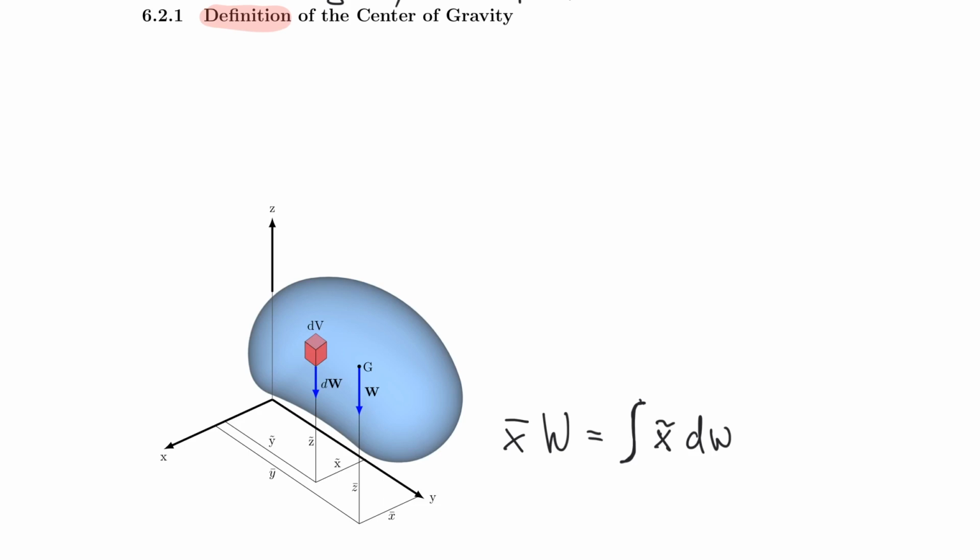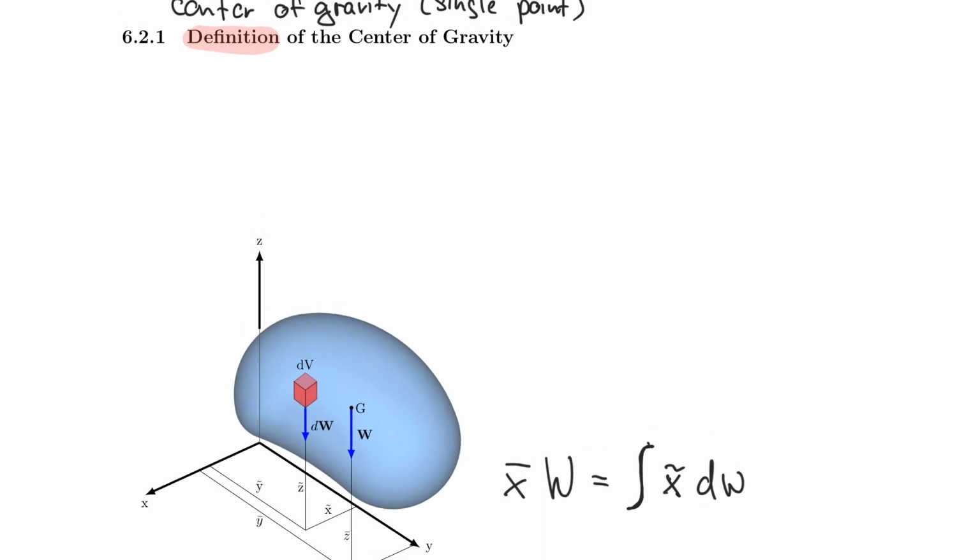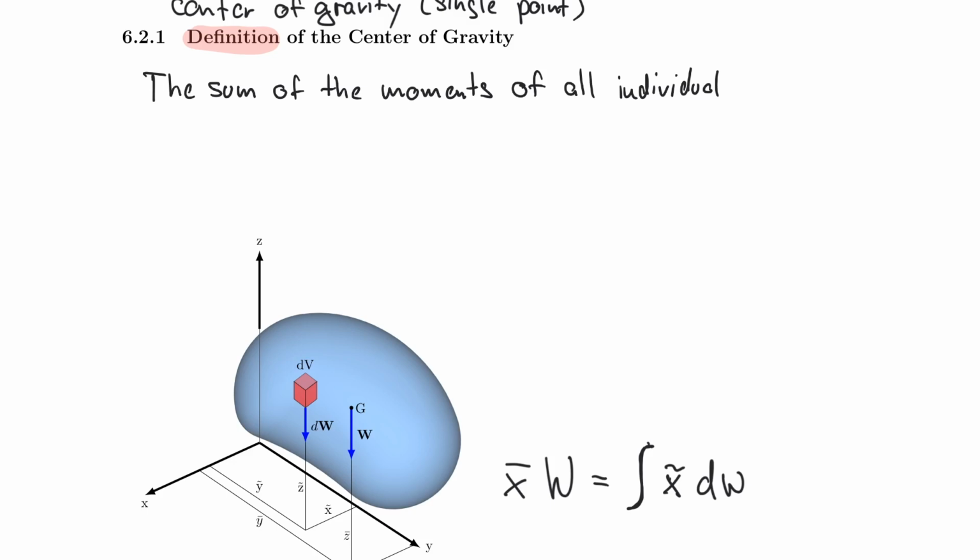And that's really what the formula here says. Let's write that down in words just for your definition: the sum of the moments of all individual particles and their distance.